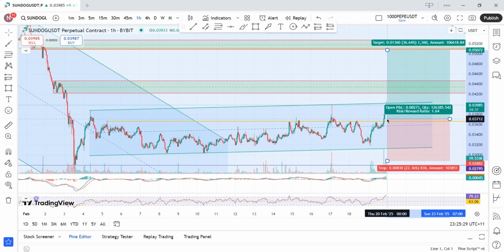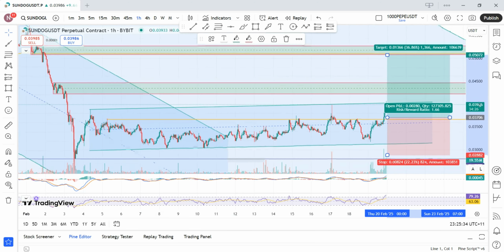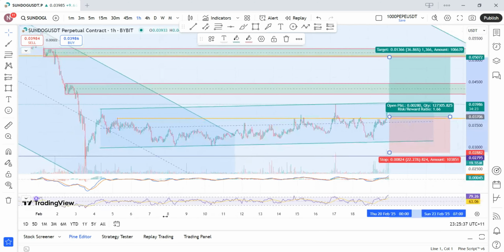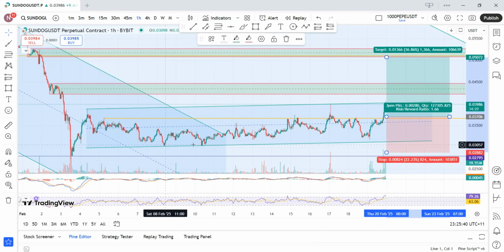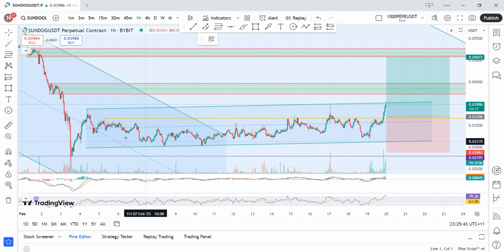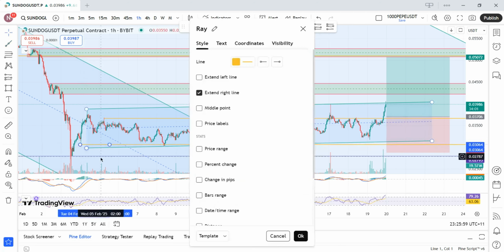So I'm gonna put maybe here, and let's see if I can do the same for this area. So there's one. Let's say from here.